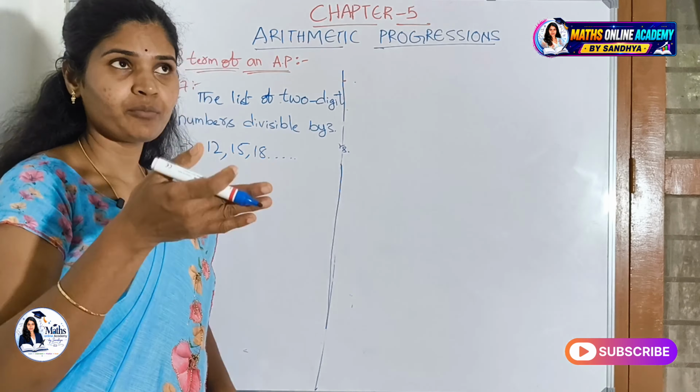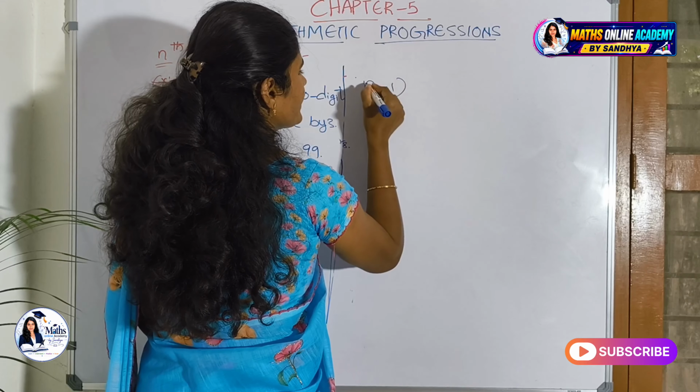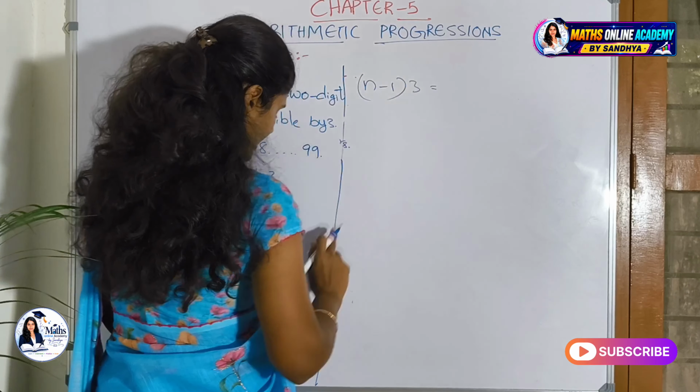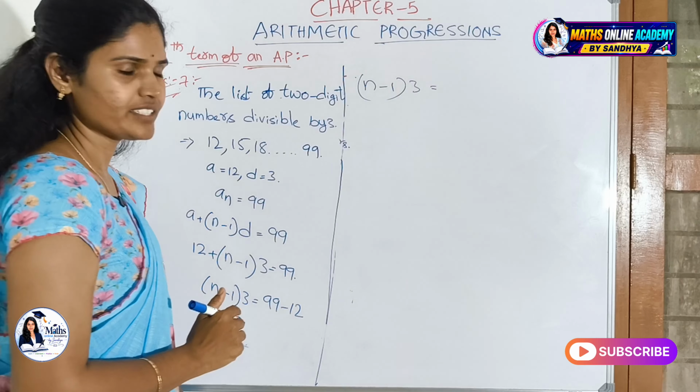So what is the value of A? 12 plus n, which we have to find out, minus 1, d is 3, equal to 99. Take n minus 1 into 3 equal to 99 minus 12, which means 87.